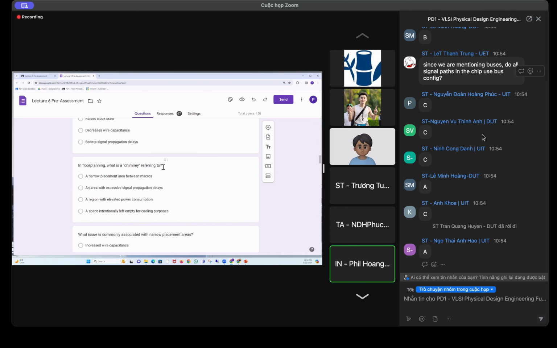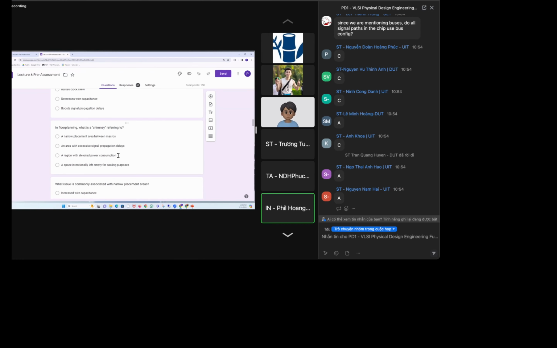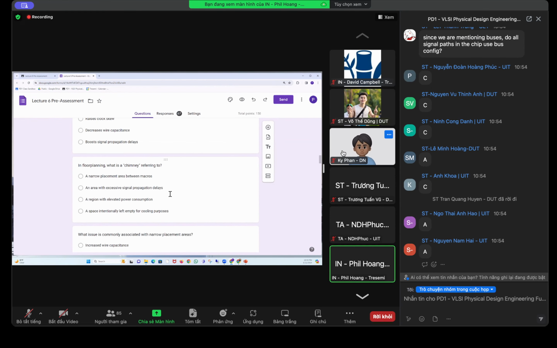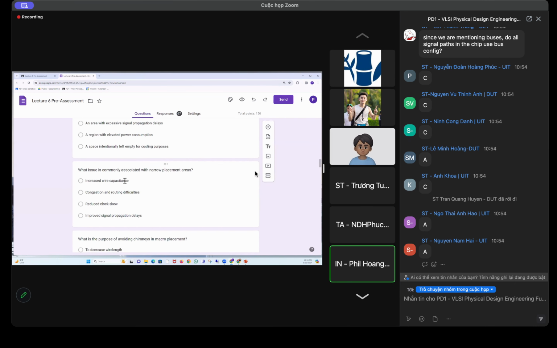Yep, the correct answer is A. Not C, the region with elevated power consumption. No, it doesn't always mean that. It just looks like a chimney, right? So it's a narrow area in between macros.